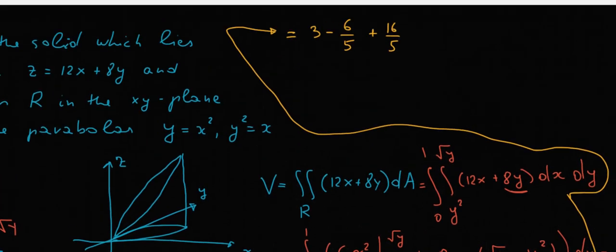So it's just minus 2. And 16/5 minus 6/5, that's 10/5, so it's positive 2. And so we get 3 plus 2 minus 2, 3 overall. The volume of this solid is 3.